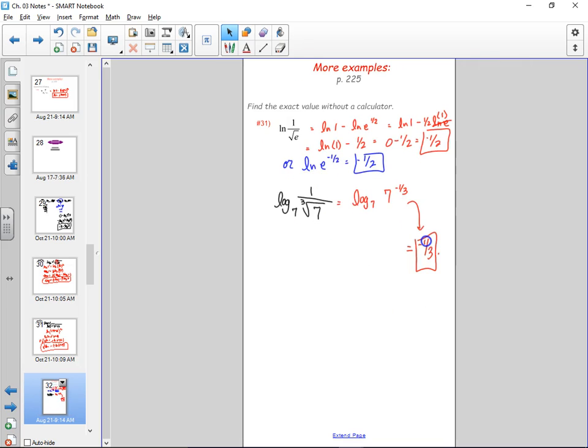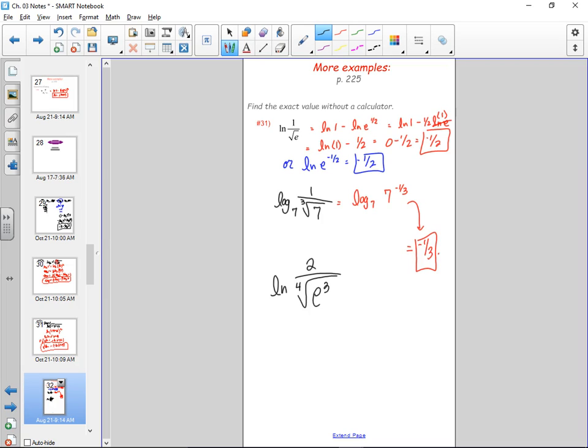If I was to do one more, and I was to do ln of 2 over the 4th root of e cubed, the best I could say is half ln of 2.